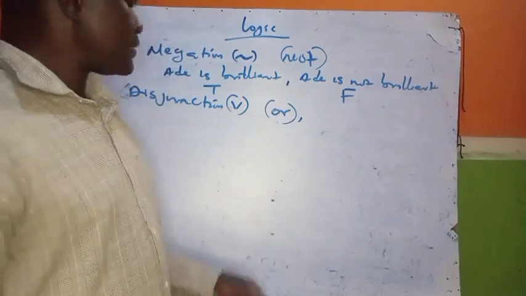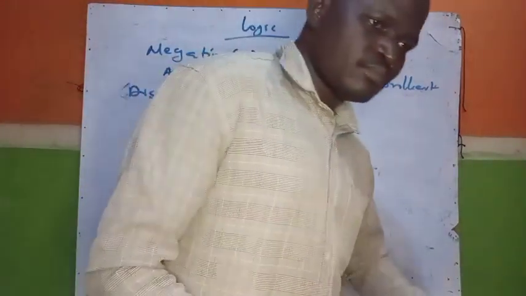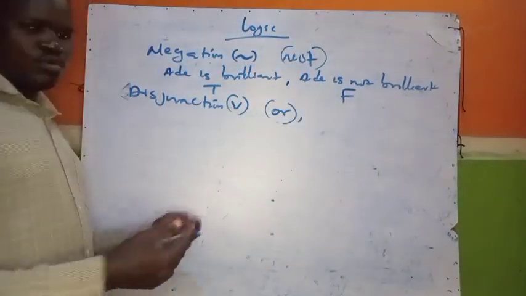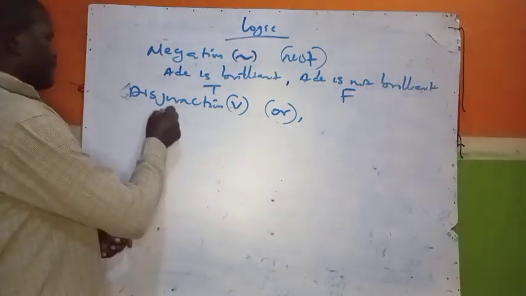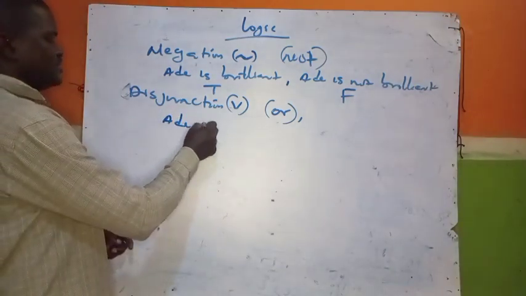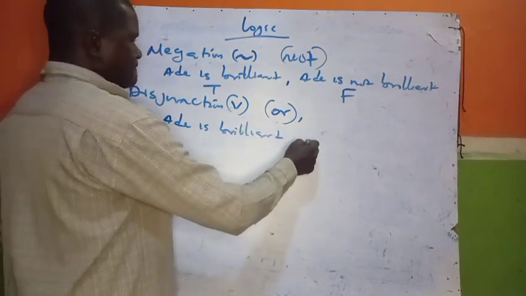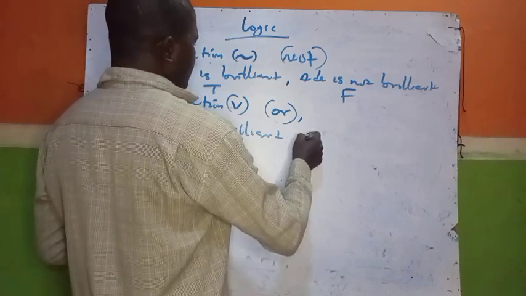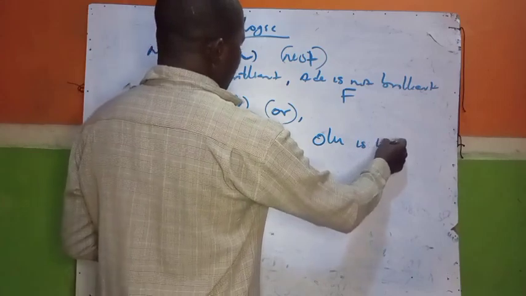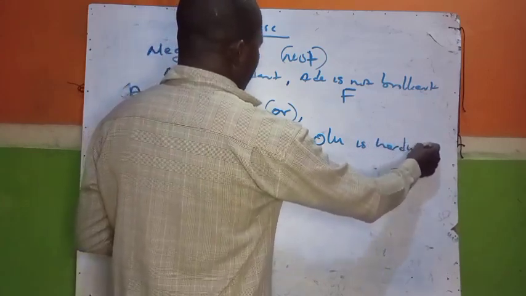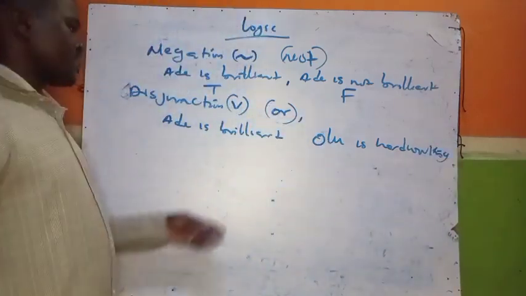So if you say that Ade is brilliant and Olu is hardworking, you can say Ade is brilliant, Olu is hardworking.